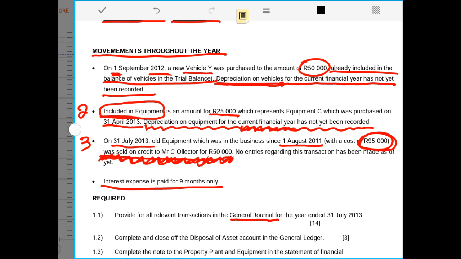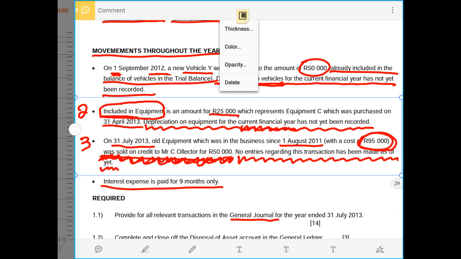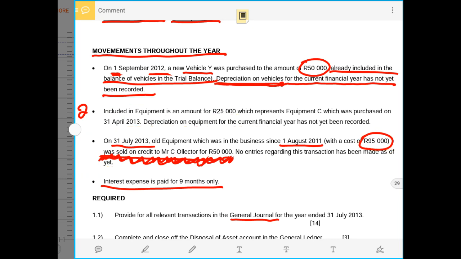So now we have to account for depreciation for the current year, and we're told under the third adjustment that no entry with regard to this transaction has been recorded as yet, which indicates that the full disposal transaction, or all the entries that affect the disposal of this asset, are not yet accounted for.